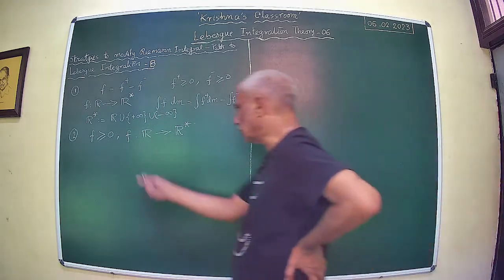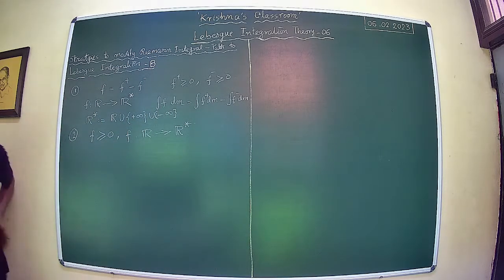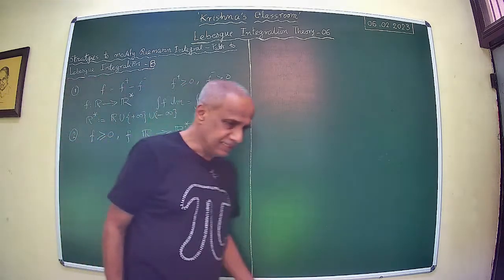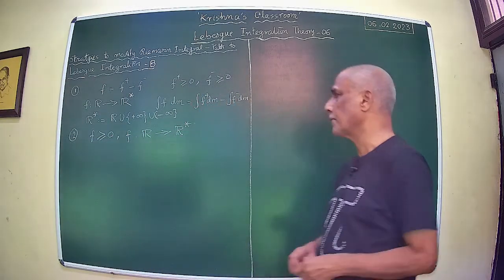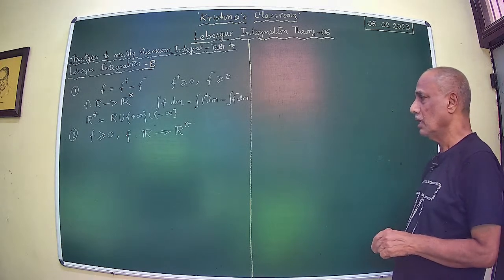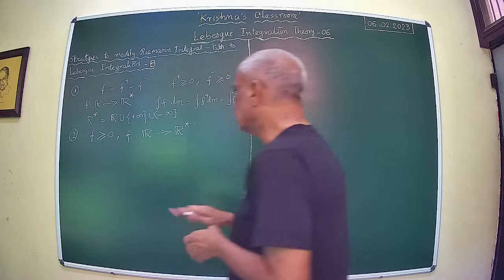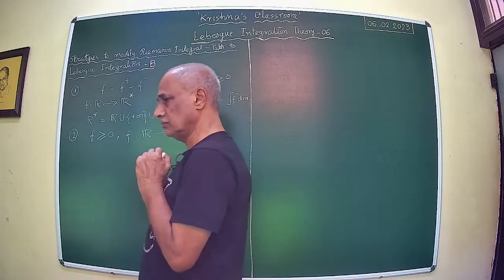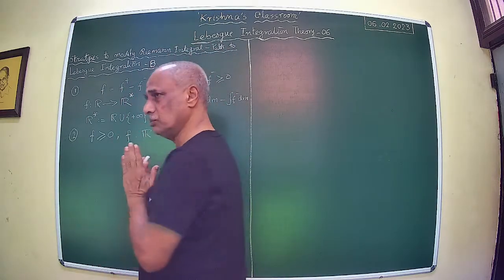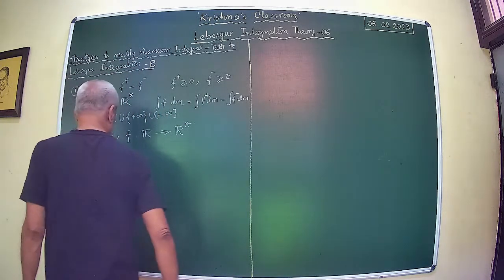That means it can possibly take plus infinity also in the definition. And we develop the integral for this class of functions. Then you can certainly extend it using the first step. That is the start. What did we do?